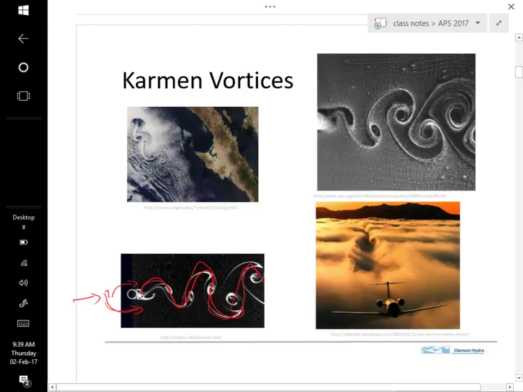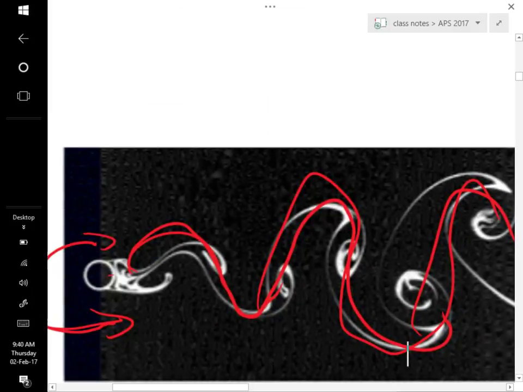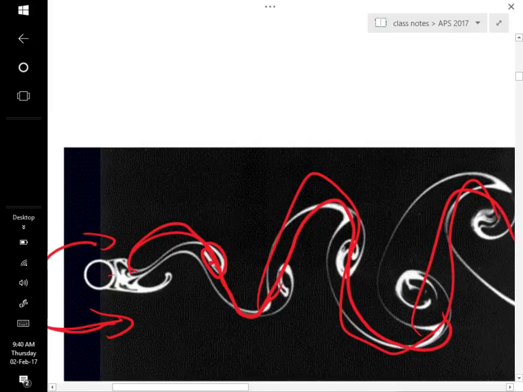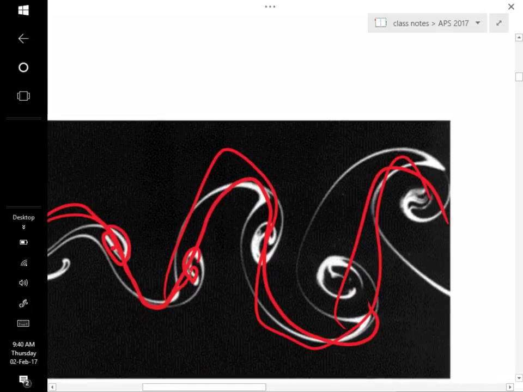But if you zoom in a little bit, you can see that right in here, we've got a tighter swirl, and here's a tighter one. And if you zoom in further on this swirl, there's a vortex like that. But if you go in and look at it in more detail, there's a smaller one yet in there.